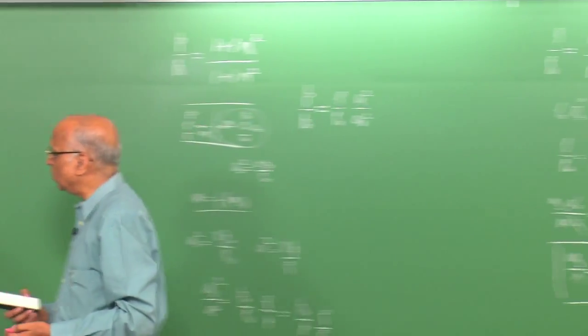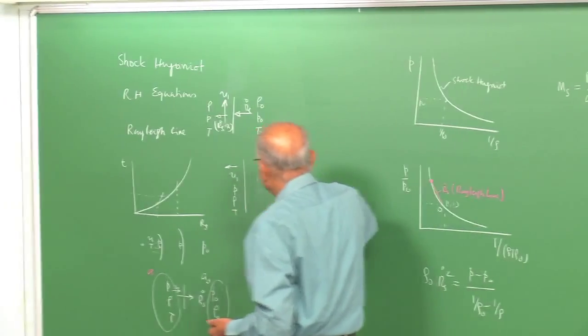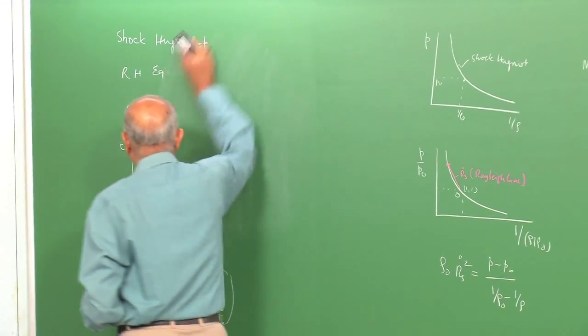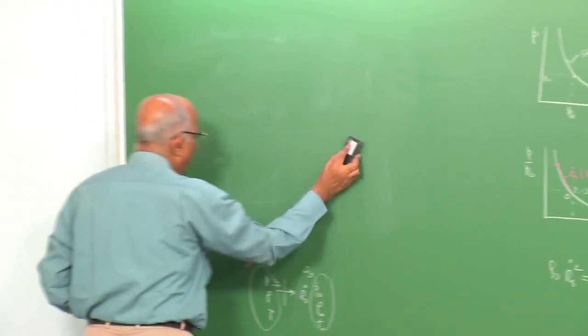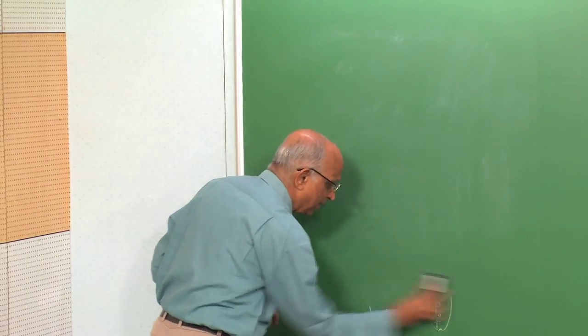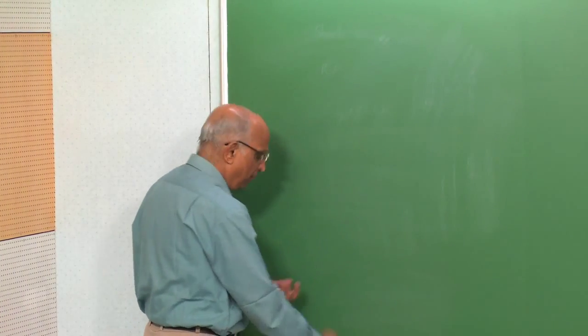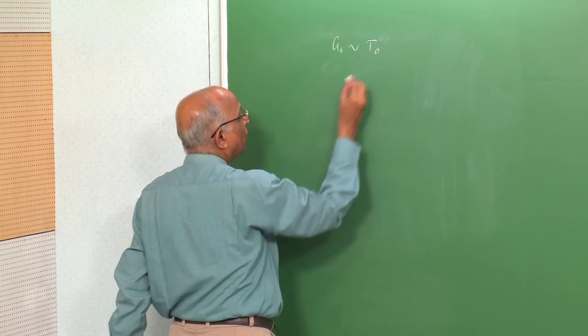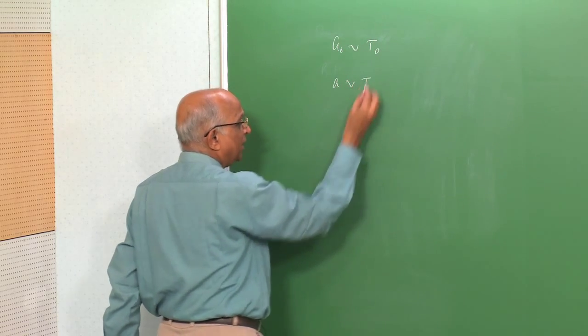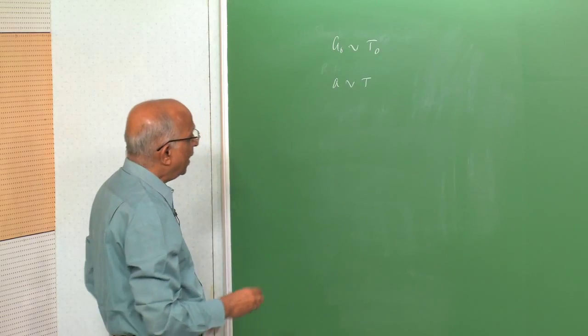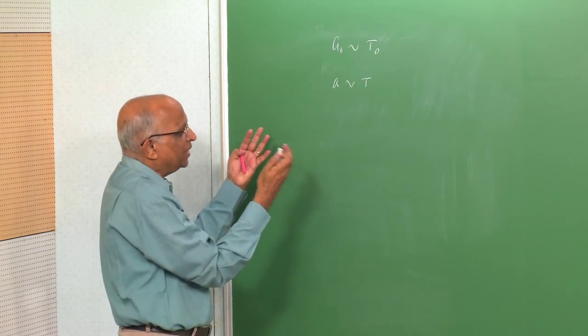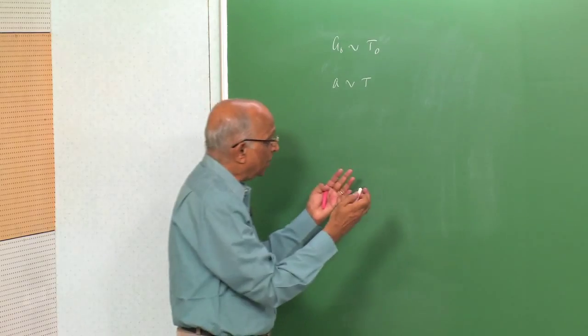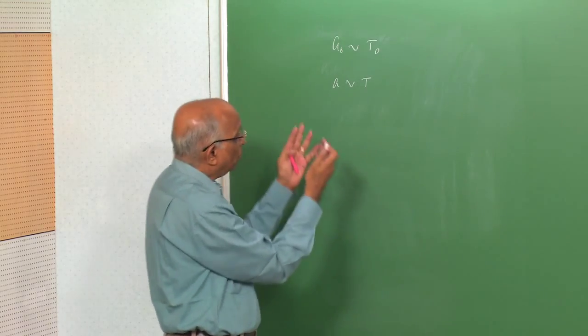To be able to do that, we realize that when we talk of the sound speed, it is something like the internal energy of the gases. Therefore, A 0 must be related to T 0, and A must be related to the temperature behind the shock wave T, and therefore, can I somehow use the energy equation across the shock to do that.